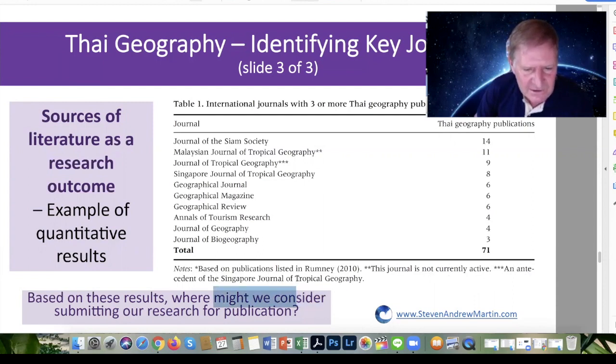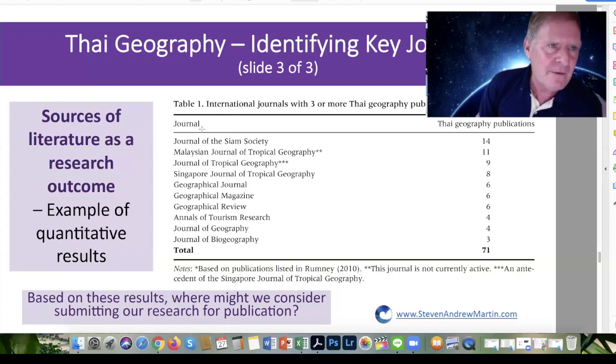And so the key point of the outcome is that the Singapore Journal of Tropical Geography was number 1 for publications in Thai geography. So I went there to publish, right? Which is, again, an outcome of this: you do this kind of work, and then you know where to look for a home for your paper.